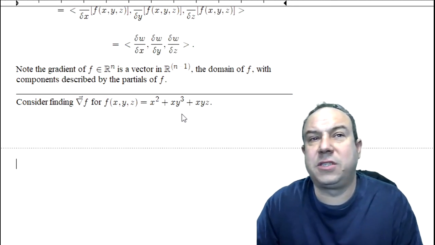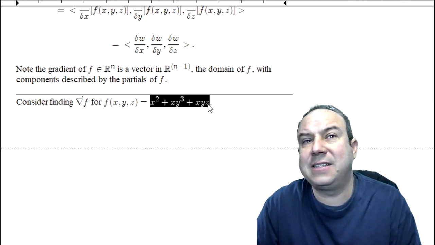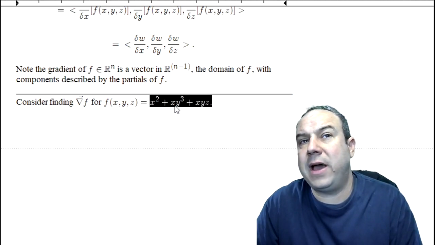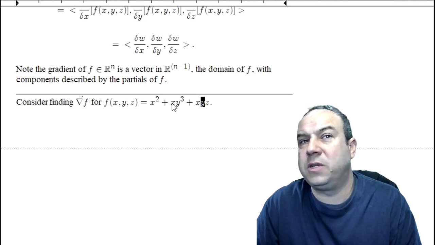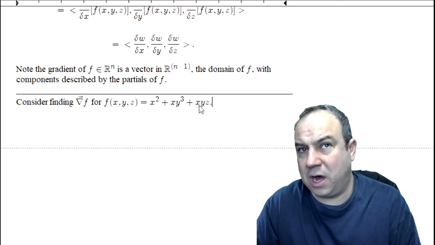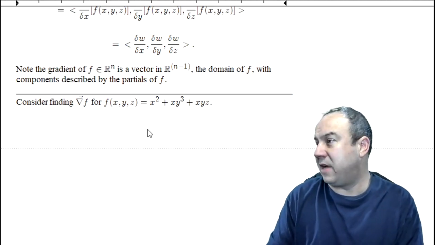And it's not hard to see what your partials are. With respect to x, it would be 2x plus y cubed plus yz. With respect to y, it would be 0 plus 3xy squared plus xz. And with respect to z, it would just be 0 plus xy, or just xy in value.